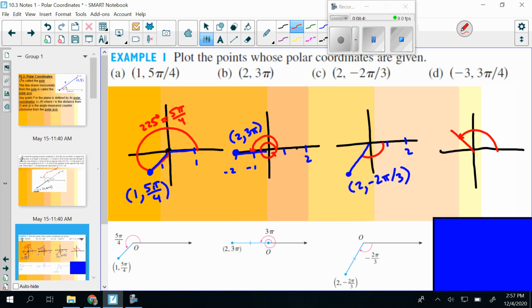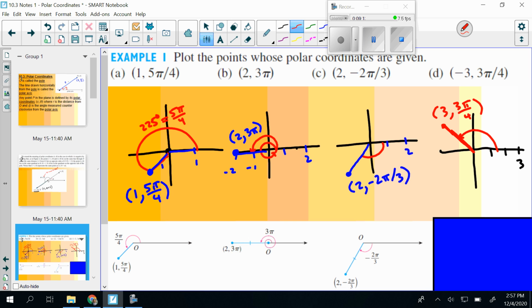And then our r here is -3. So whatever amount 3 would be, like let's say we had 1, 2, 3 on there. If we traveled that direction out here, that would be the point (+3, 3π over 4).